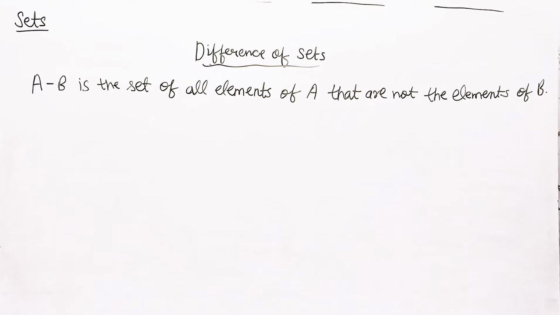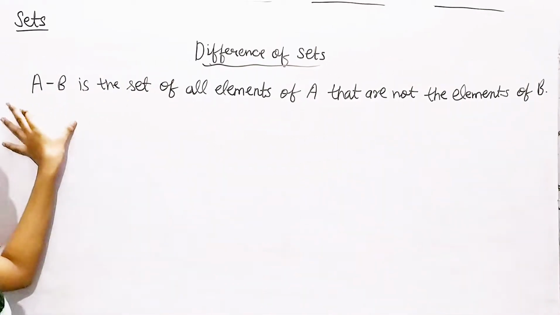Got it? Okay, so let's take examples so that we can understand difference of sets clearly. It's the set of all elements of set A that are not the elements of B. So let's take an example related to these two sets.